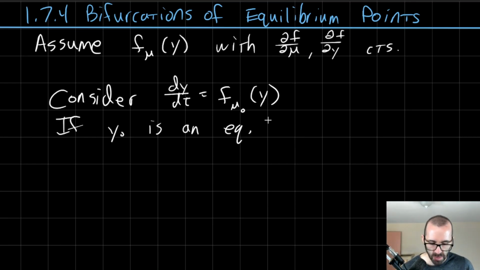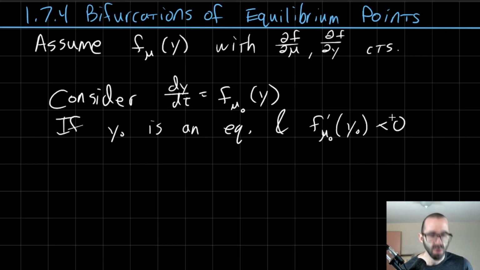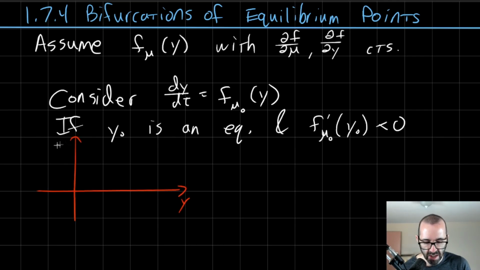If y naught is an equilibrium and f prime of mu naught at y naught is less than 0, we can use the linearization theorem to say what happens. This is not new. We have this little plot of different values of y and how they affect different values of f of y. We know that if y naught is an equilibrium point, then f is 0 right there.